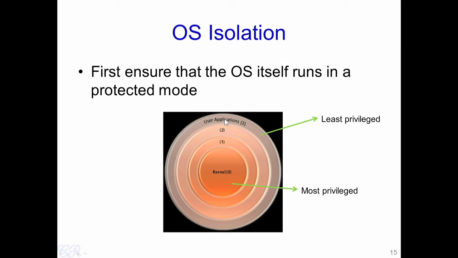So this, you could see, is useful to isolate different users as well. If you have two different users who are sharing the system, user 1 will not know what user 2 is executing unless he makes use of certain kernel functions.